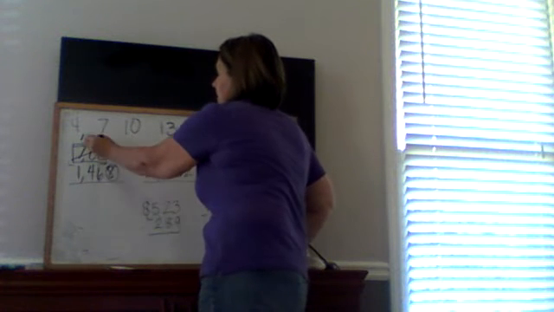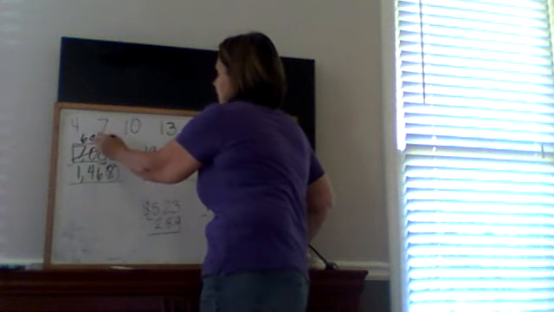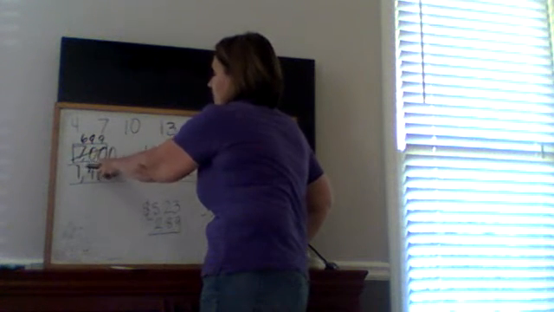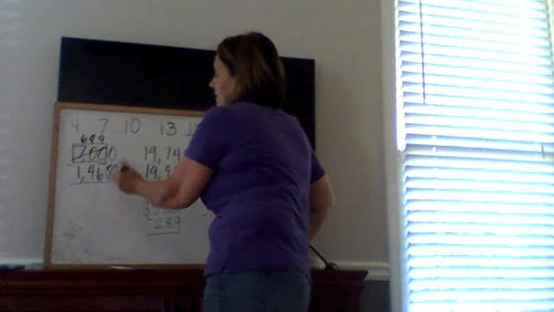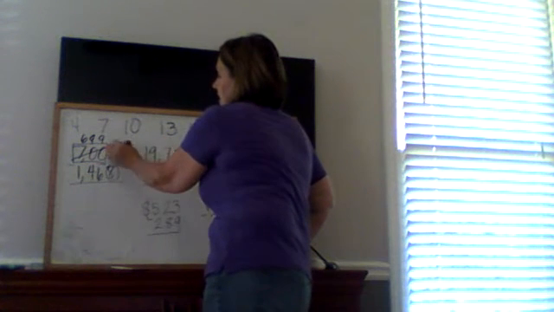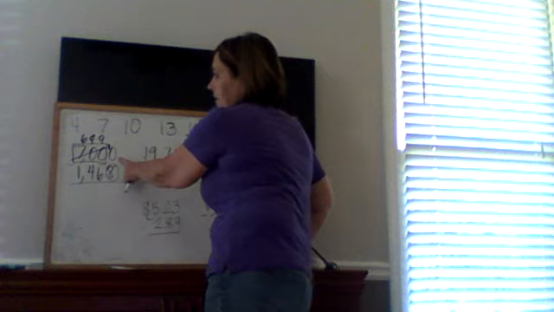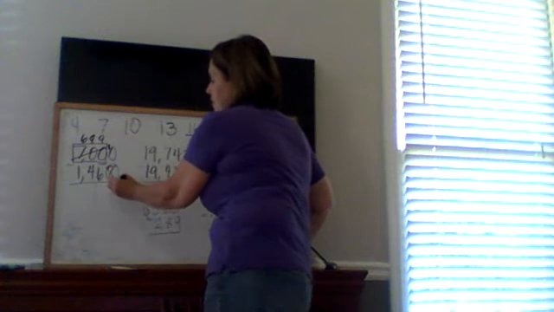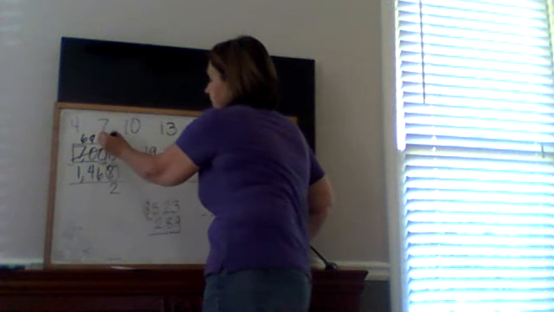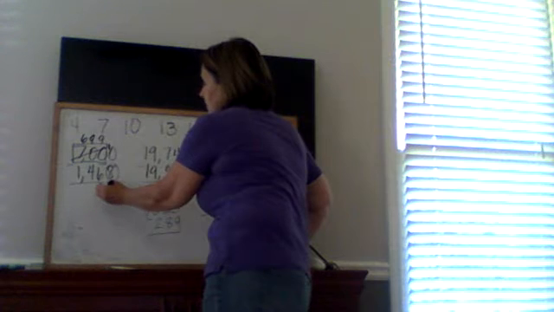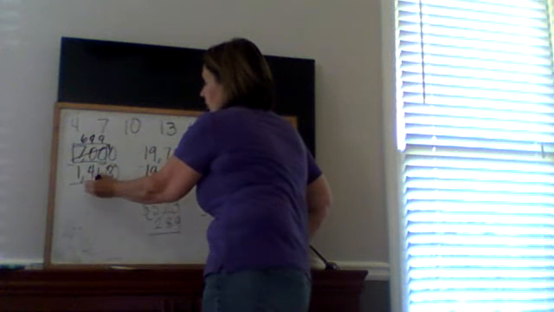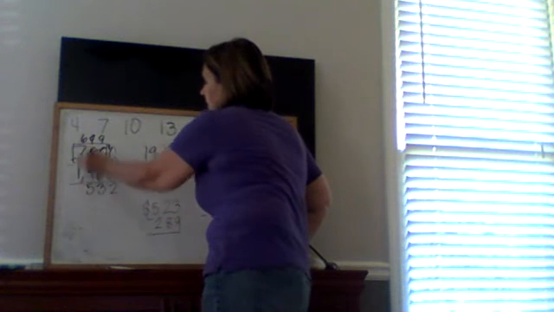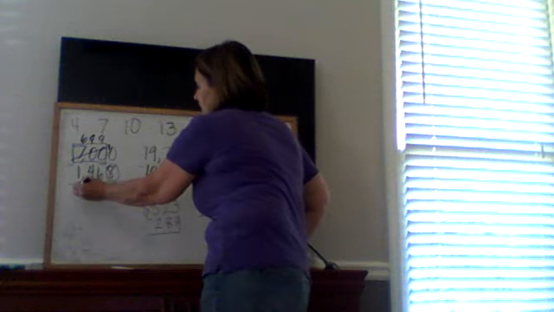I borrow 1, that leaves 699, and I regroup, and I have 10 ones. 10 take away 8 is 2, 9 take away 6 is 3, 9 take away 4 is 5, 6 take away 1 is 5.